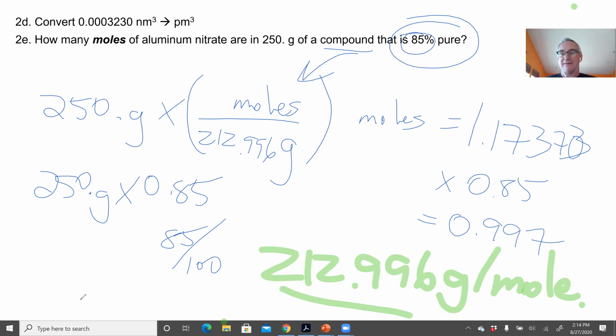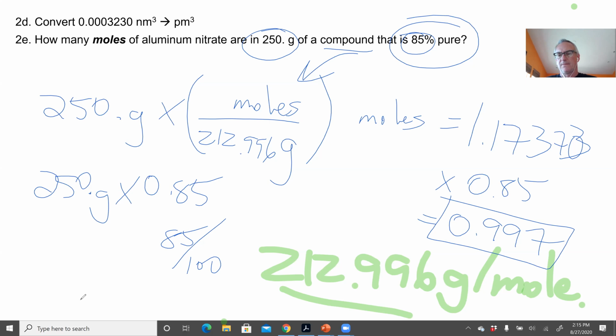I deliberately changed this question because I want it to be mean. There's 3 significant digits in 250 with a decimal point, but 85 only has 2. So I can only give 2 significant digits. What am I going to do with this number?